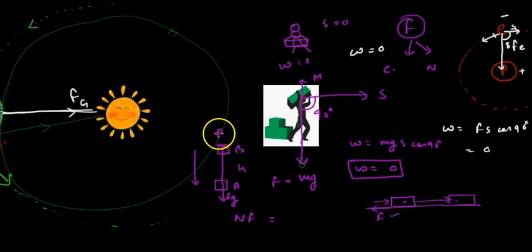contains the potential energy. When you do the work, it transforms into some form, mostly in the case of mechanical energy, which is potential energy and kinetic energy. And when you leave this box, it will change into kinetic energy.